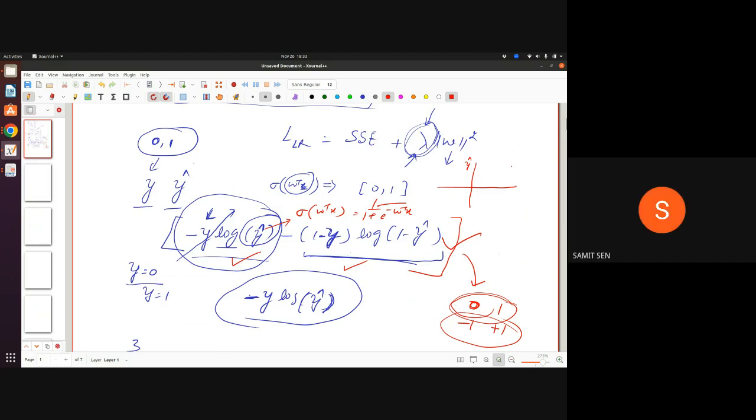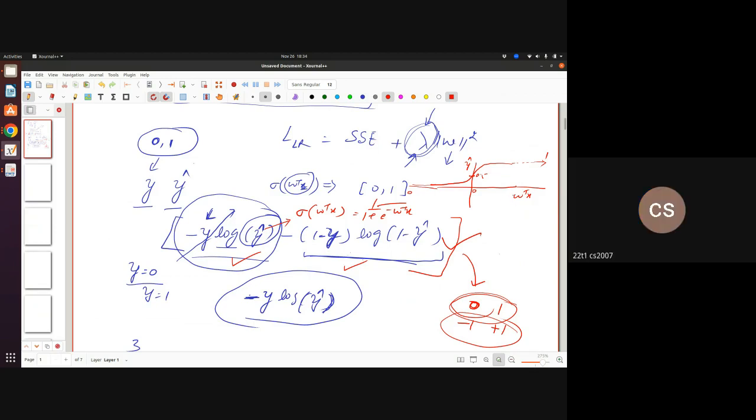And if you see the sigmoid, something like this, this is 0.5. This is when W transpose X is equal to 0, this will be 0.5. And when this is huge, these don't touch 0, this doesn't touch 1. So that means y hat cannot be exactly 0 or 1.